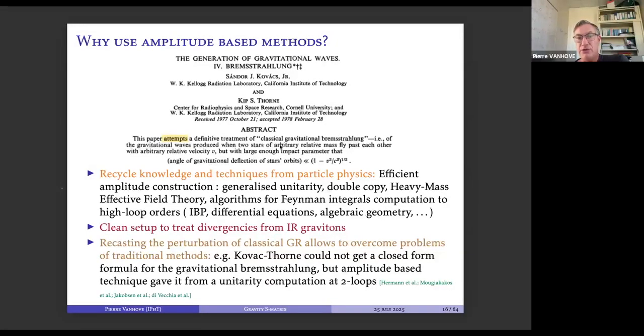What they try to do is compute the scattering angle. But they could not do it completely because they did not have the technique that I'm going to explain. Today this problem is solved.